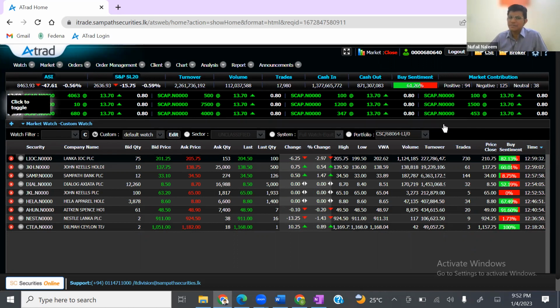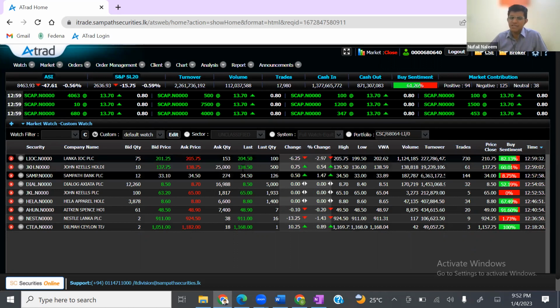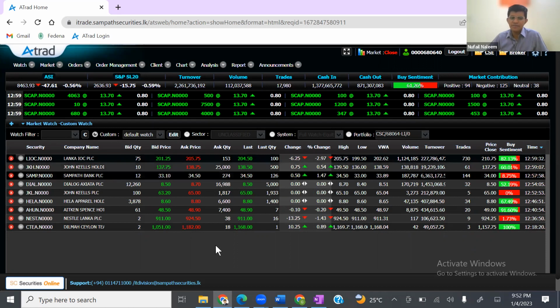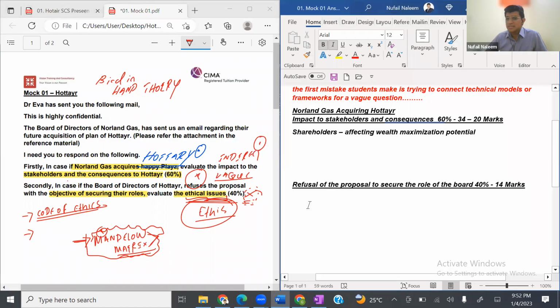So it depends on the clientele effect of the shareholder, that means what the shareholder wants at the end of the period. Students, can I get a confirmation that you got the bird in hand theory? The bird in hand theory is that you sell the bird when it's inside your hand instead of letting it fly away from your hand. So I think it's very clear.